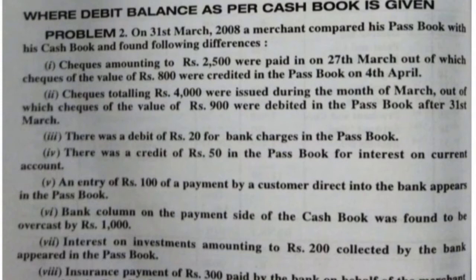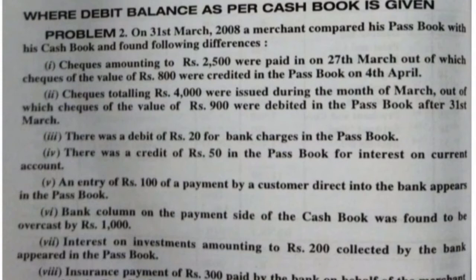Is it clear? Yeah. In the question they have given the balance as per cash book, so we need to see what is happening in the passbook. In the passbook, the amount is not credited on 27th March. Therefore, the passbook is showing less balance because the banker did not record the receipt as on 27th March.